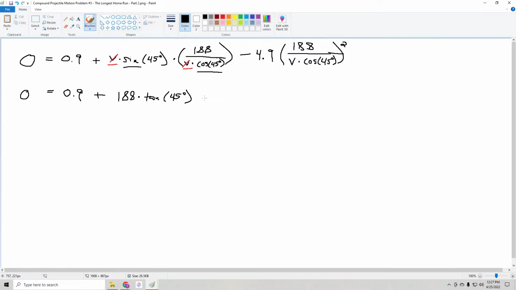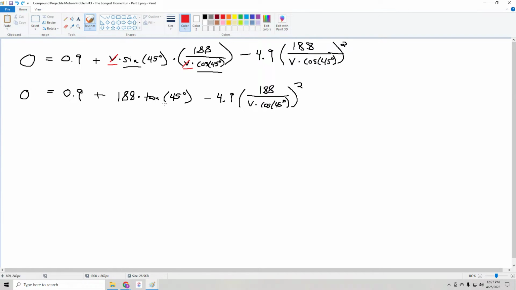Okay. Minus 4.9 over 188 v cosine 45 degrees squared. And now notice, since we eliminated v in the middle term, we have only the v in the last term that we need to isolate.